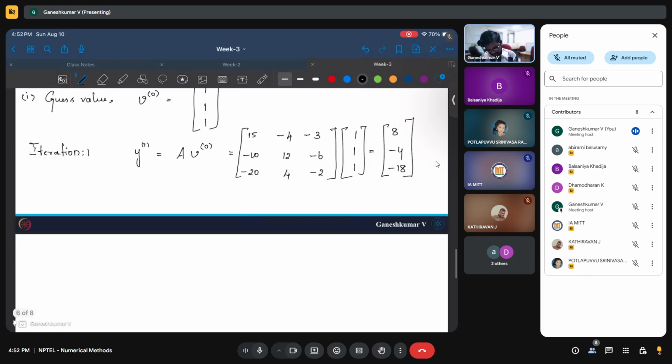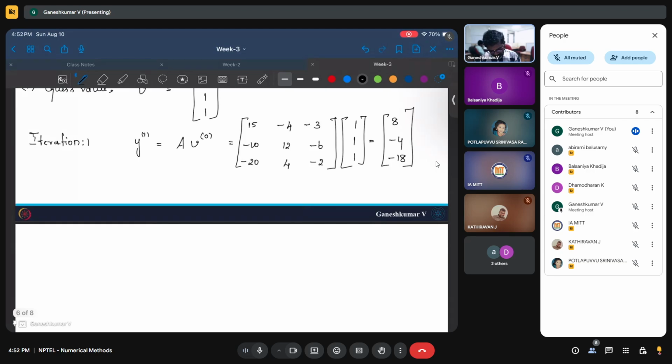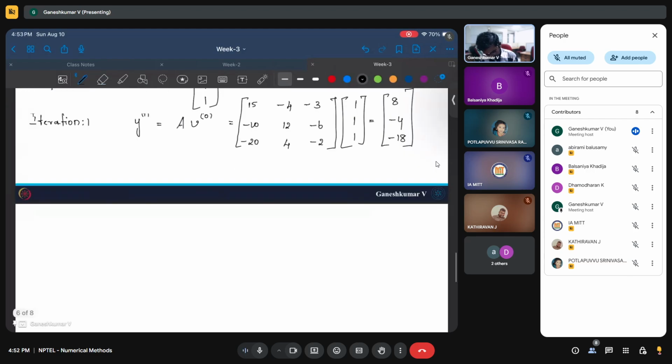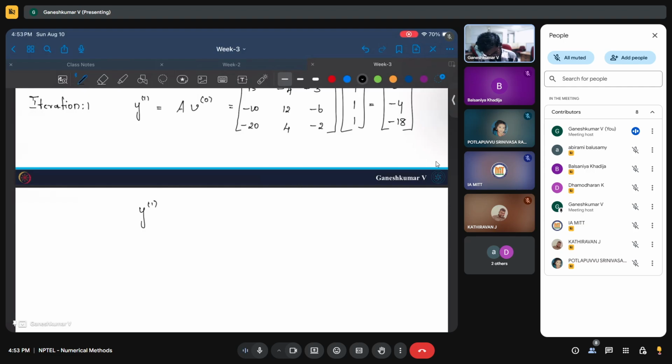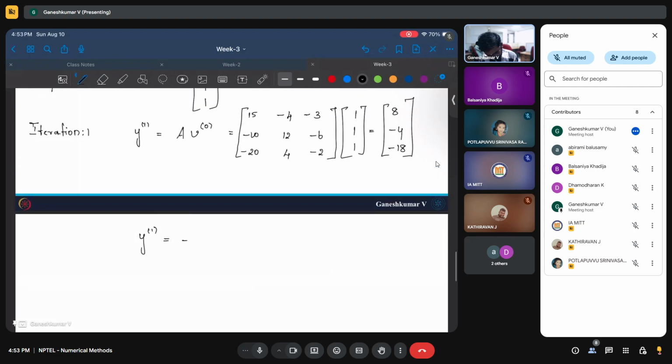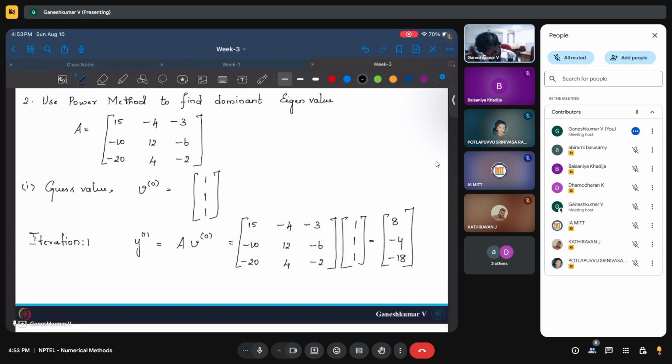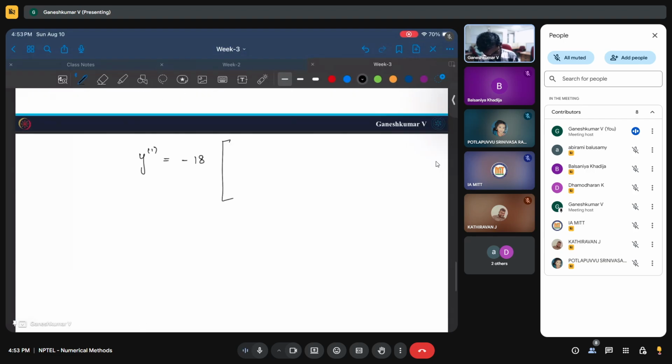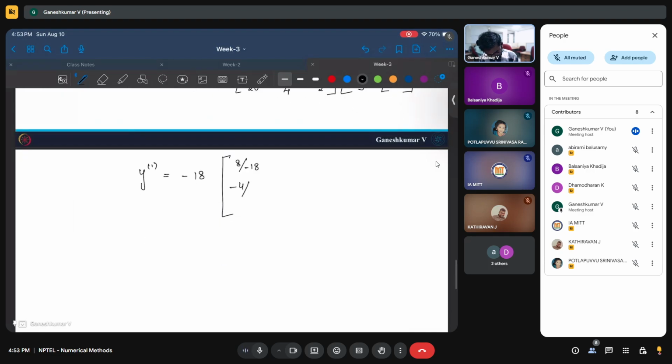Okay, and the maximum of this vector is minus 18. So if you take minus 18 out, let me write it down here. Y of 1 is equal to, if you take minus 18 out, then it's going to be 8 by minus 18, minus 4 by minus 18, and then this is going to be 1.